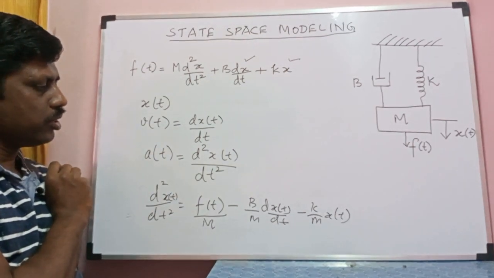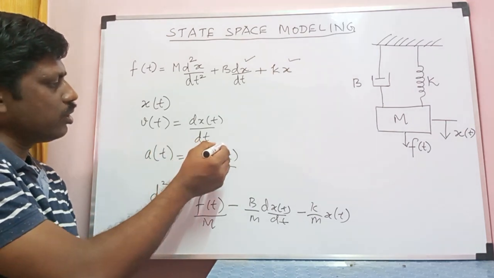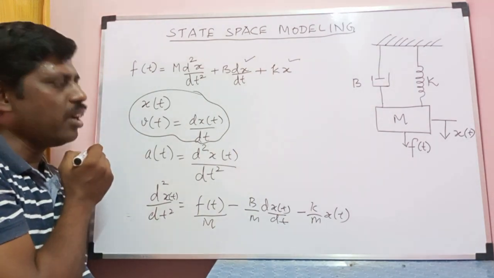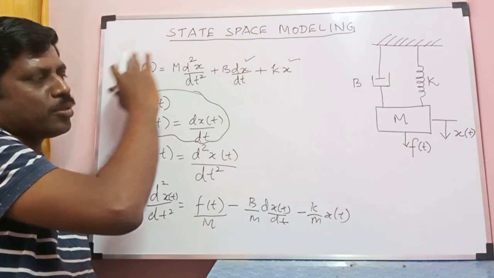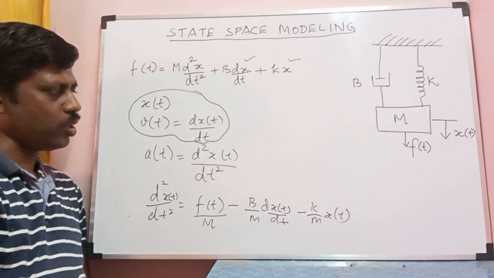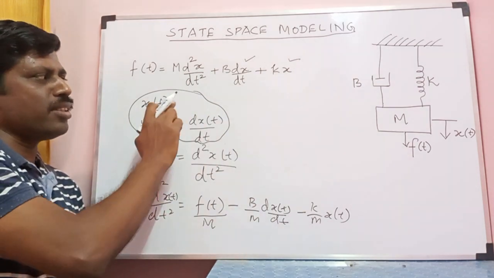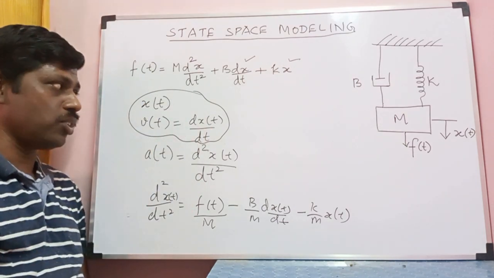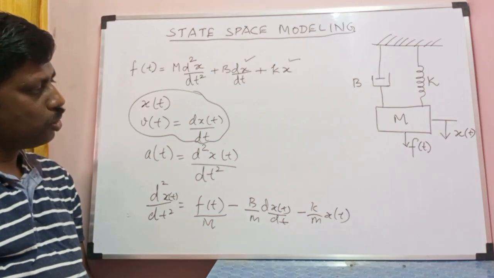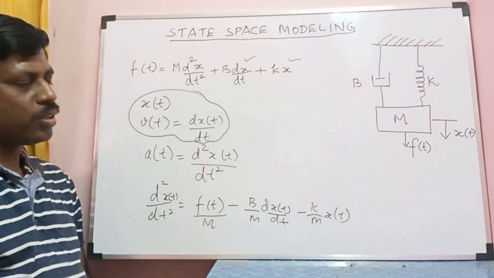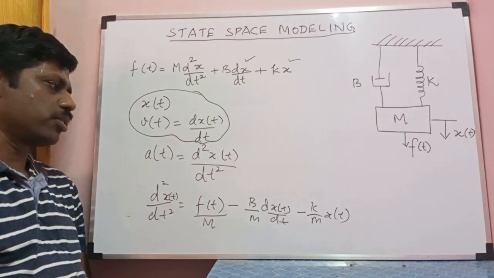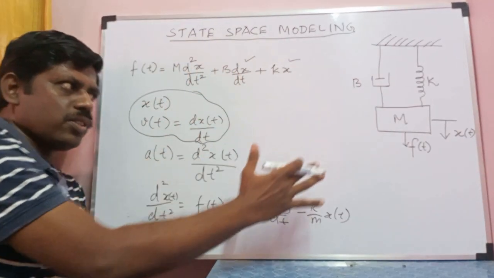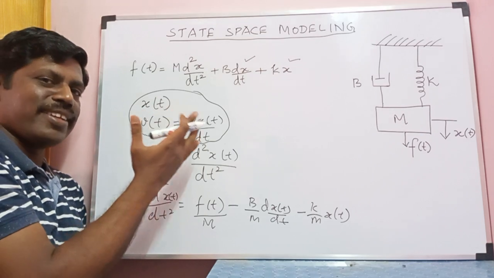So it is very obvious that these two are the minimal set of variables I need to describe this entire system. At least I need x of t and dx of t by dt, that is nothing but v of t, the velocity. So these two variables, I am going to call them state variables, because these two variables define the state of the system for any time.